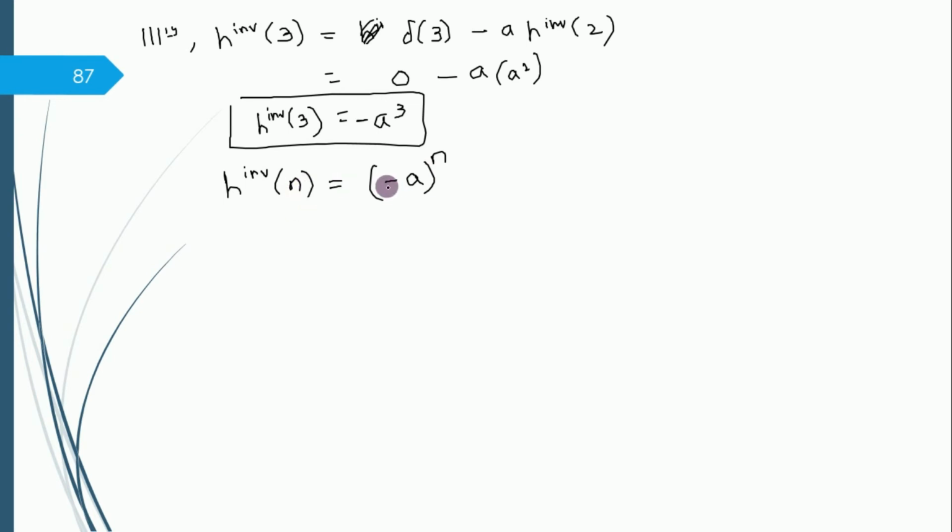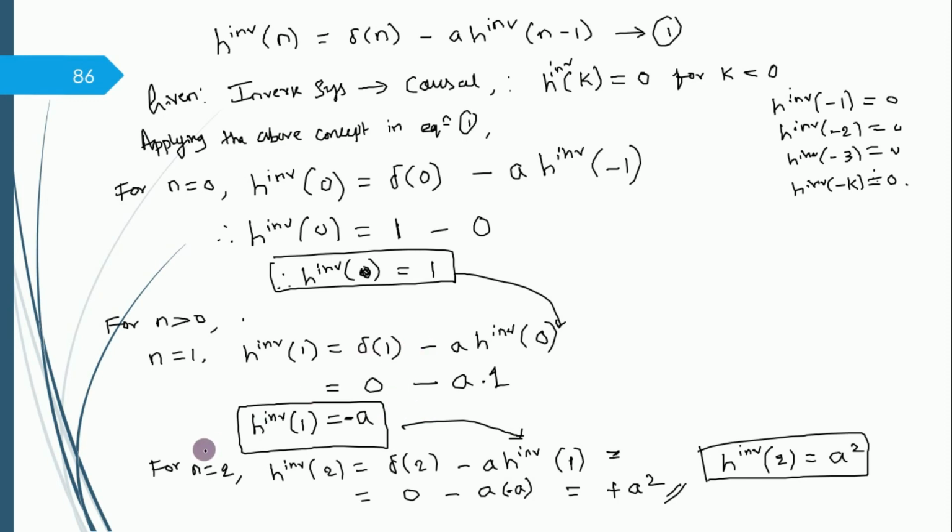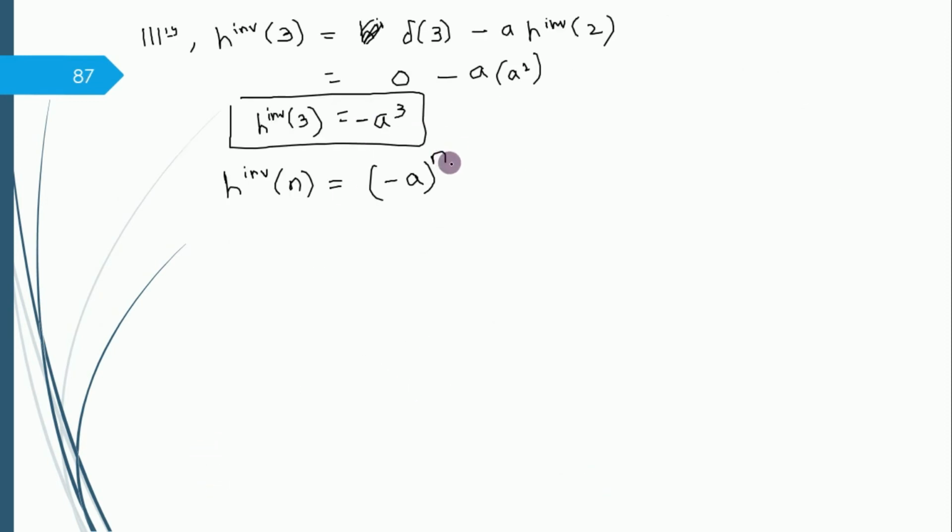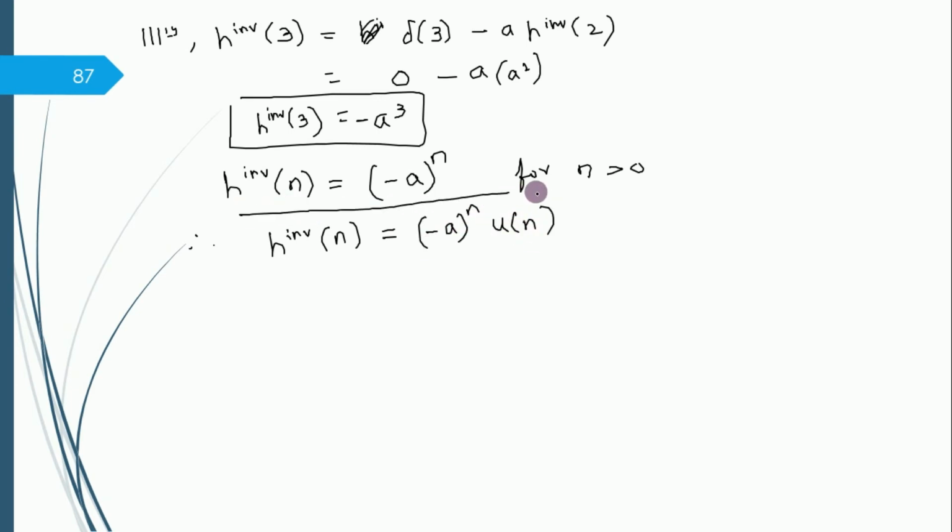For n equal to 1, minus a raised to 1 is minus a. For n equal to 2, minus a whole squared is a square. For n equal to 3, minus a cubed is minus a cube. So we are getting it. This is for n greater than 0, because it is a causal system. Or else we can write H inverse of n equal to minus a raised to n u of n. So this is the inverse system that was asked to derive.